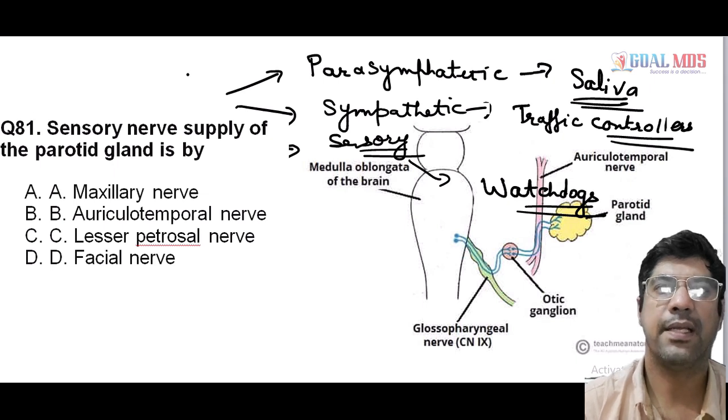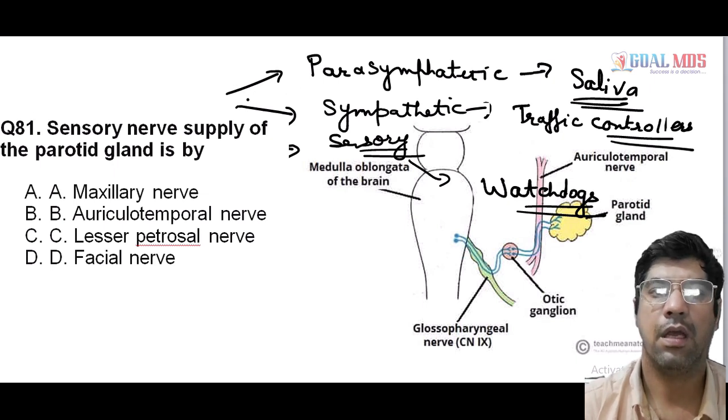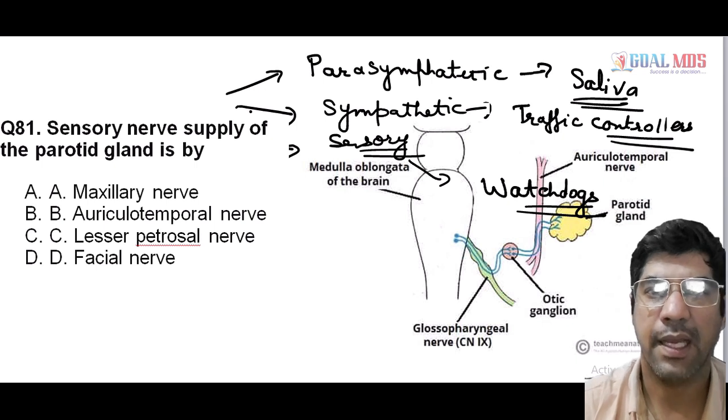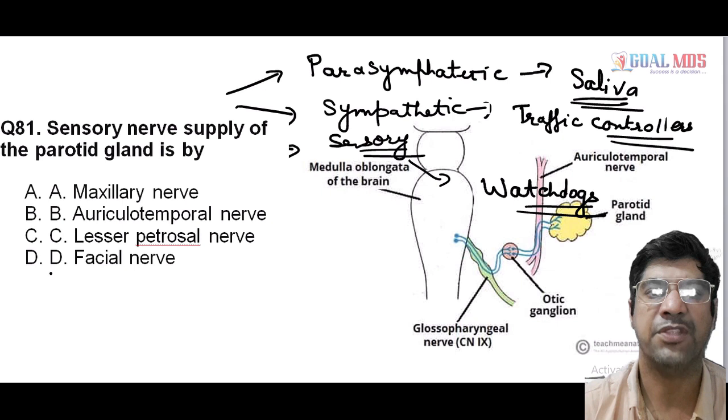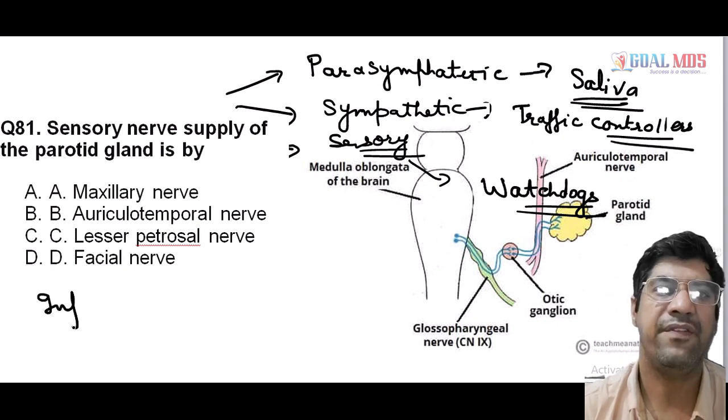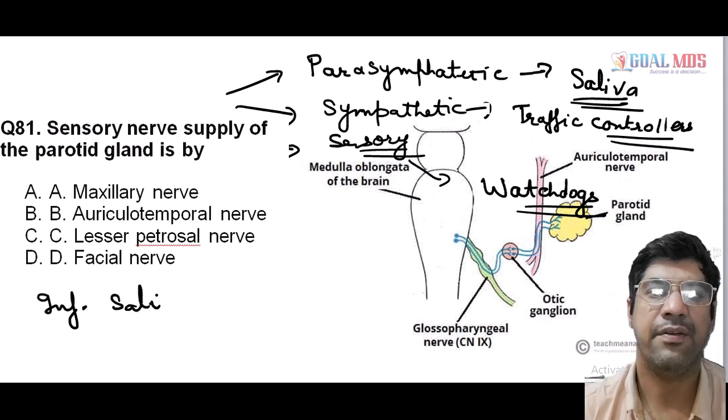So the parasympathetic nerves, they are just like secret agents. They start their journey from a special place, that is the inferior salivatory nucleus.